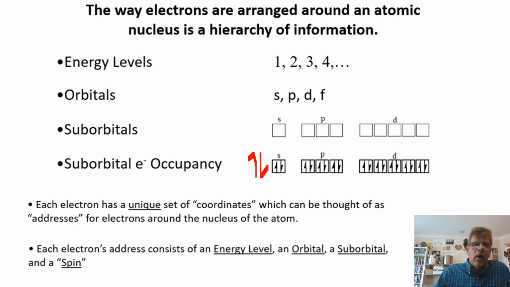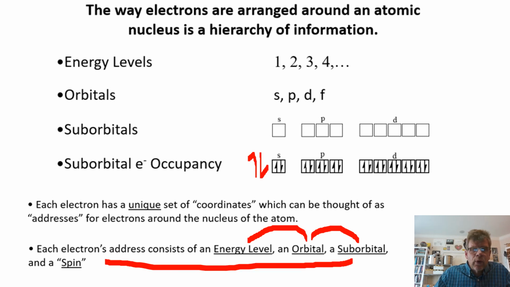So overall, each electron's address starts with energy level, then we go to orbital, then to suborbital, and finally to spin. And each electron is going to have a different panoply of these different coordinates.